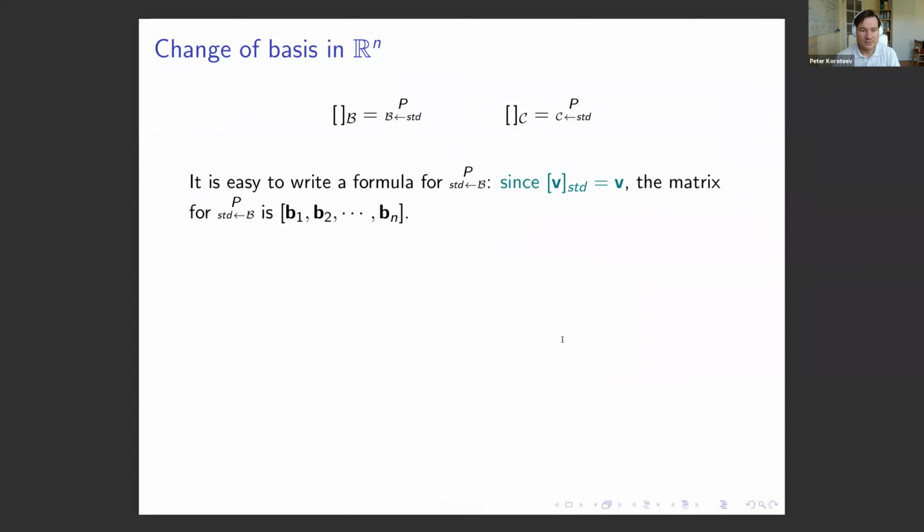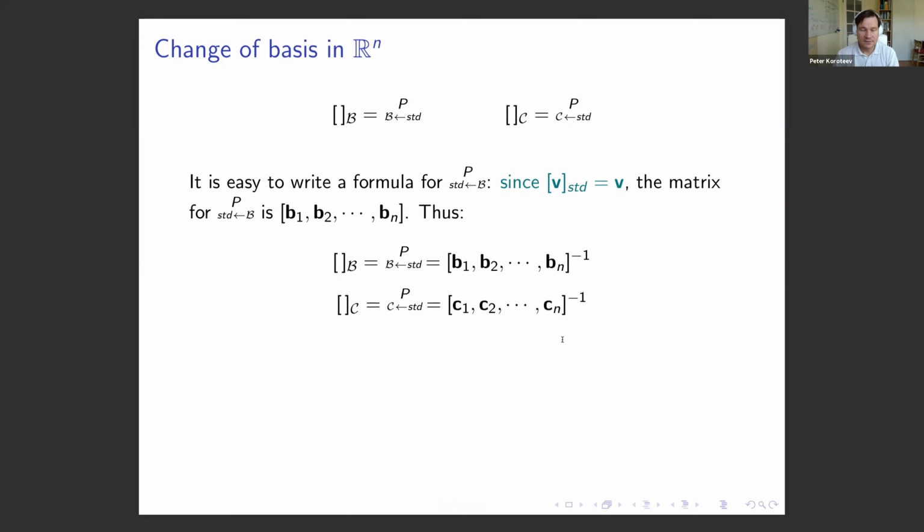And then the matrix for change of basis from B into standard is b_1, b_2, and so on, b_n, right? This is the expansion of the vectors b_i in the standard basis. So to get the desired matrix, you need to invert it, right?